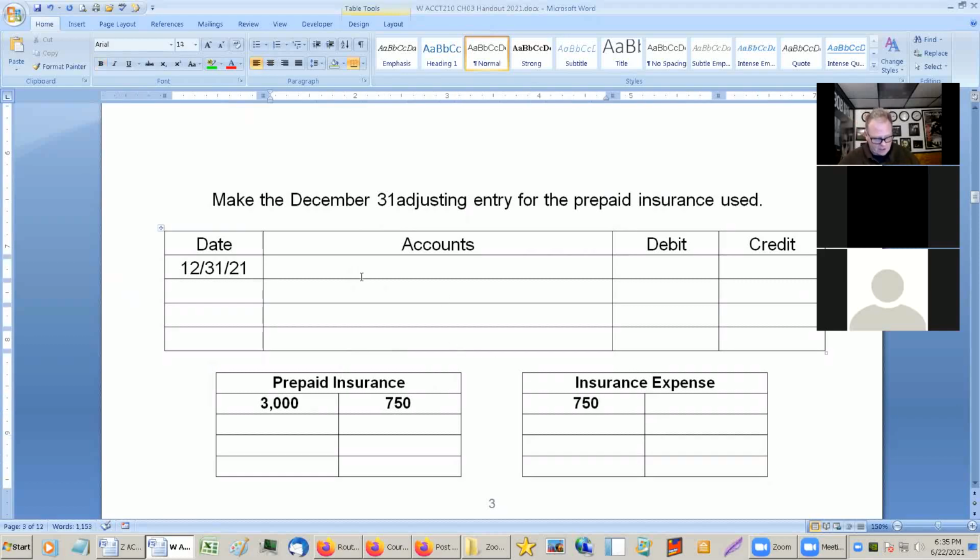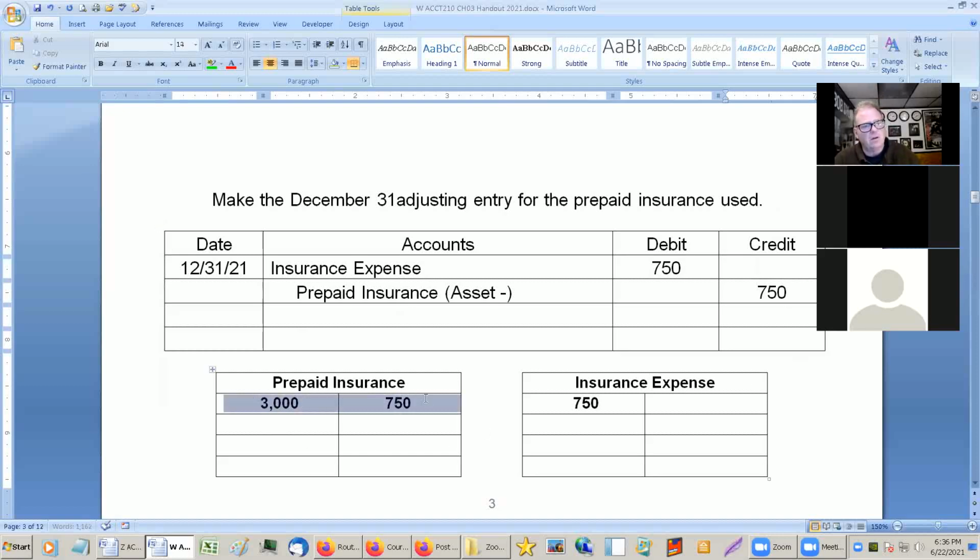So this would look like the prepaid insurance is going down $750.